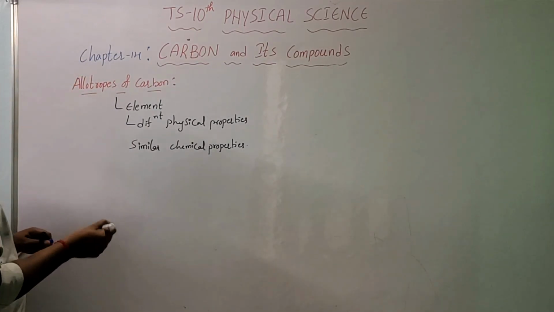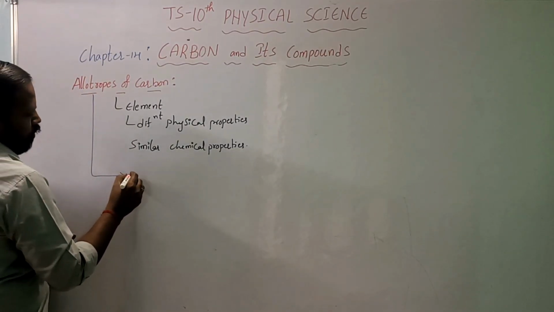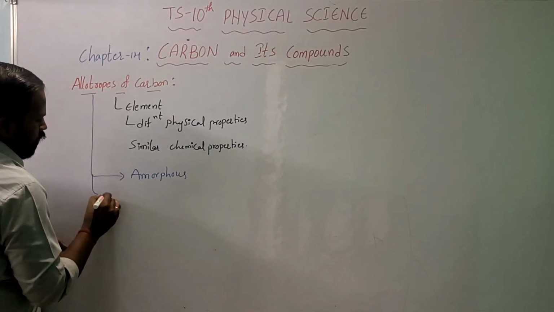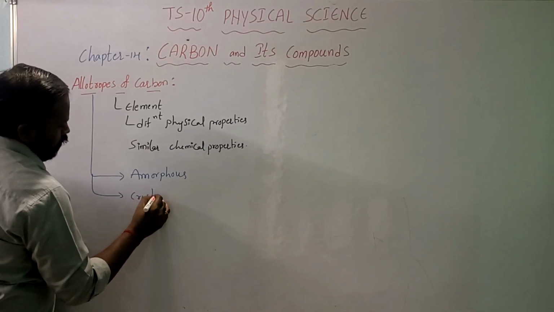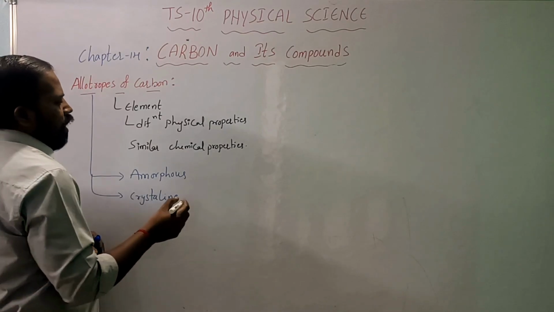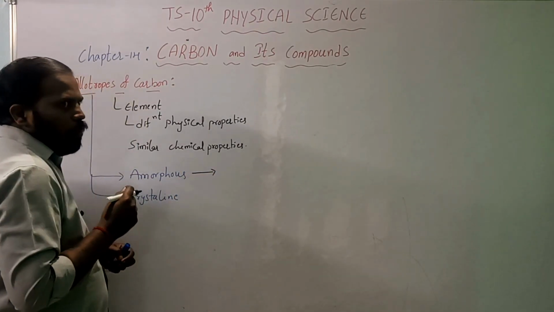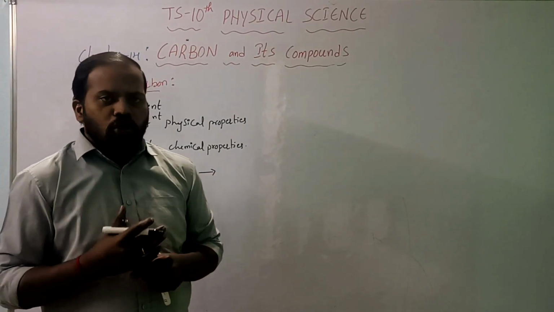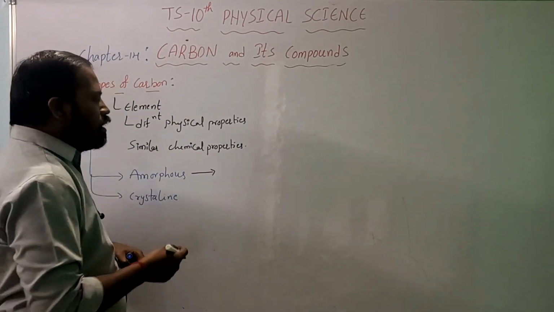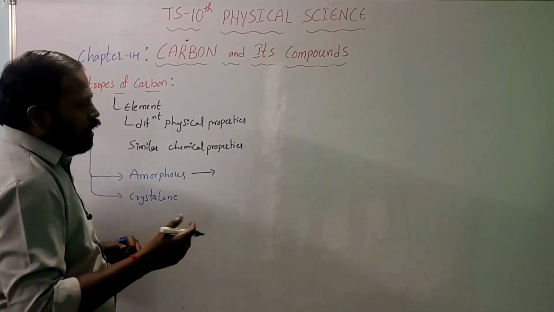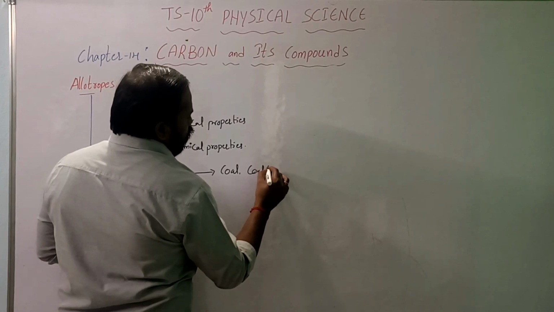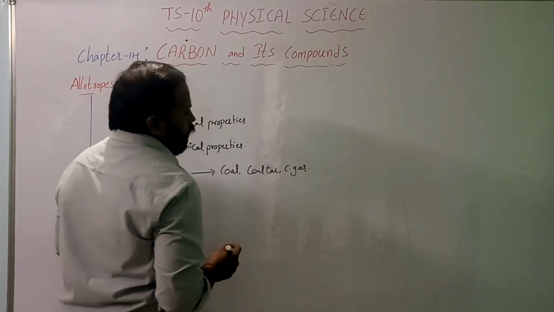We can classify these allotropes of carbon into two types: amorphous and crystalline. Amorphous forms do not have a particular shape or geometry, and there is no fixed arrangement of the carbon atoms. Examples are coal tar, coal gas, and gas carbon.